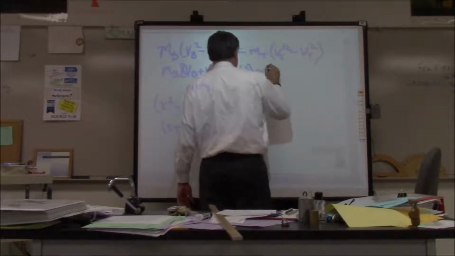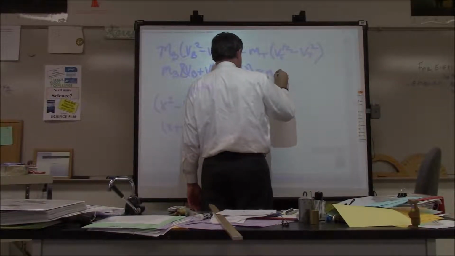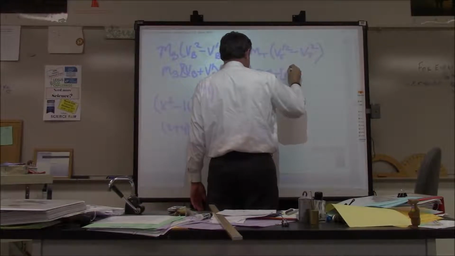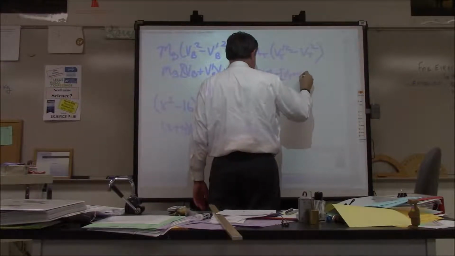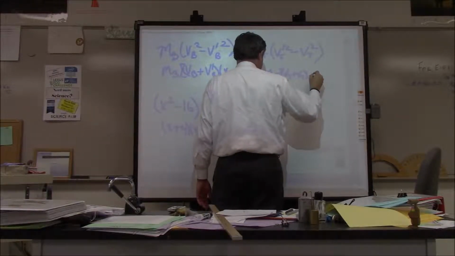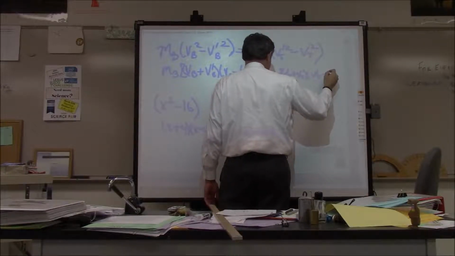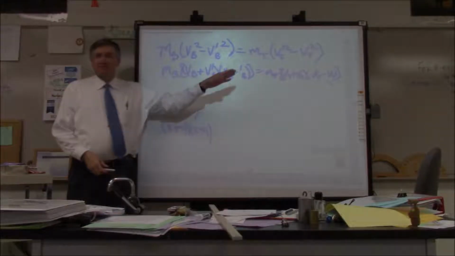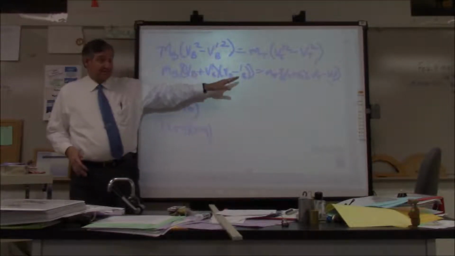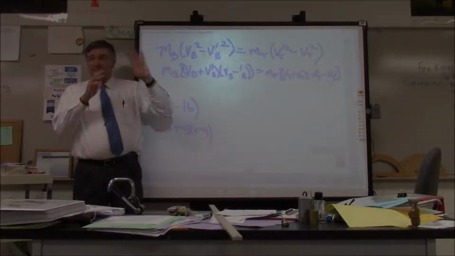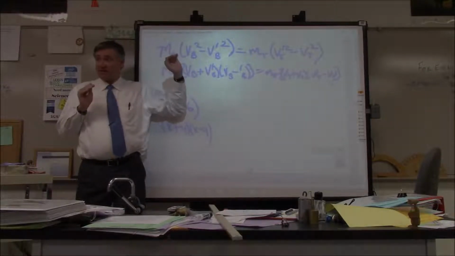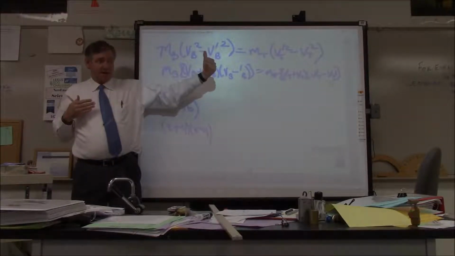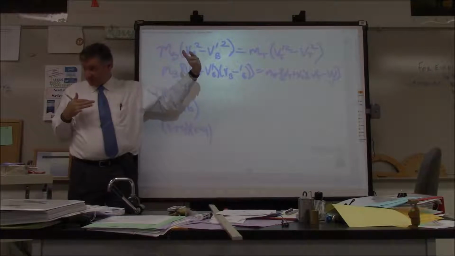And then I'm going to do the same thing over here, mass of the target times the new velocity of the target plus the velocity of the target, and then the new velocity of the target minus the velocity of the target. Okay. Now, I'm just going to leave this here for now. I'm going to get back to this. Okay? So all I did was I rearranged everything, I got rid of the halves, and then I separated them out as the product of squares.